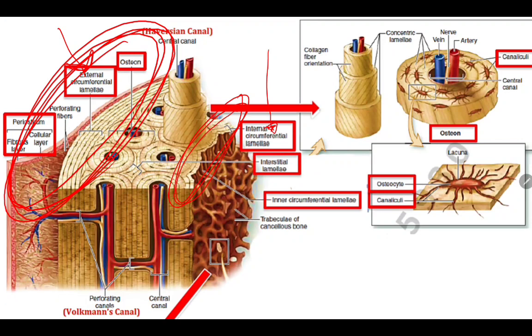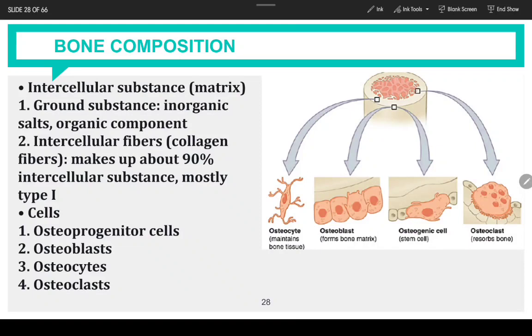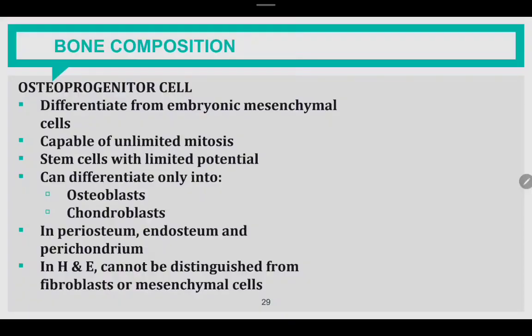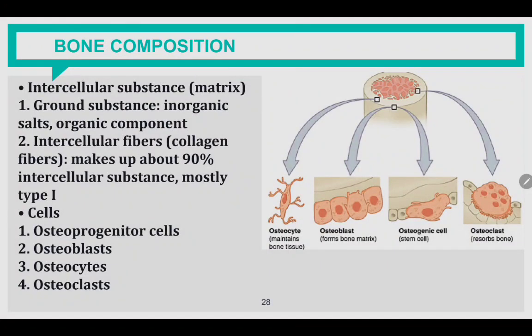Since bone is a tissue, you're expected to see intercellular substances, such as your ground substance, the cells, and intercellular fibers. Okay, so let's have a review.